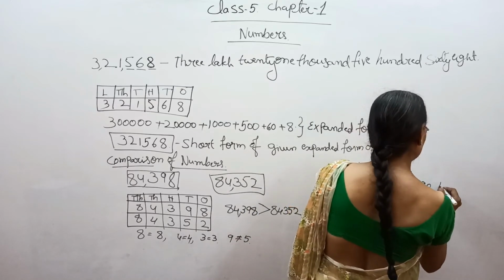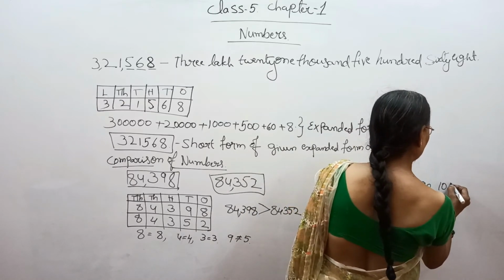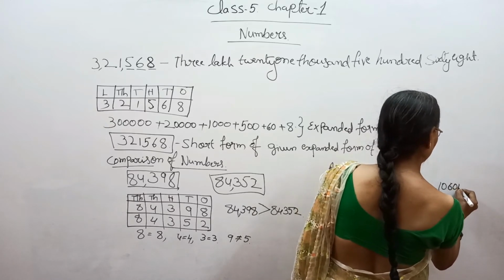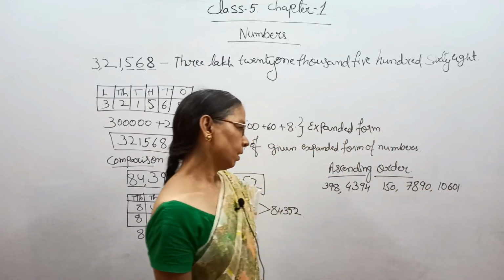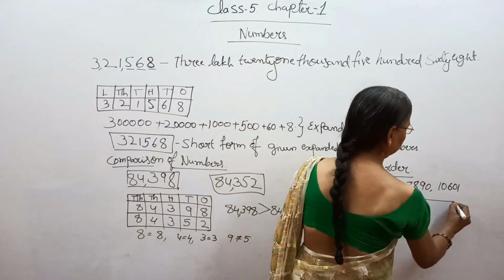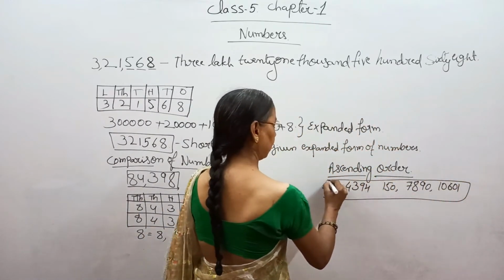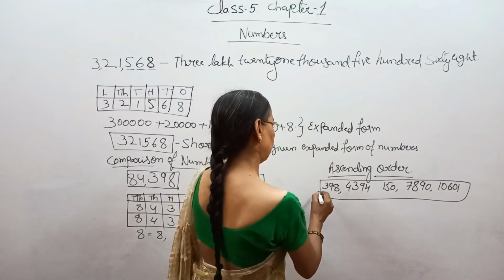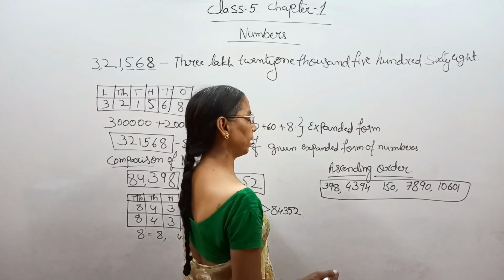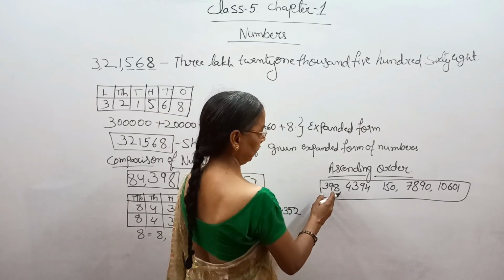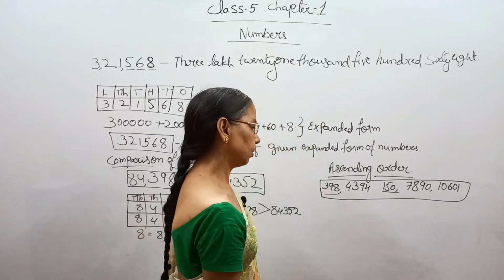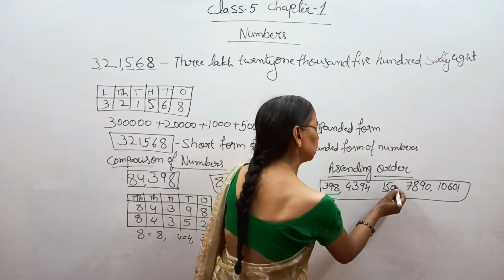then 10,601. Now, in these numbers, we have to identify the smallest number. Before going to the smallest number, we first of all identify the numbers. It is a 3-digit number and here it is also a 3-digit number.